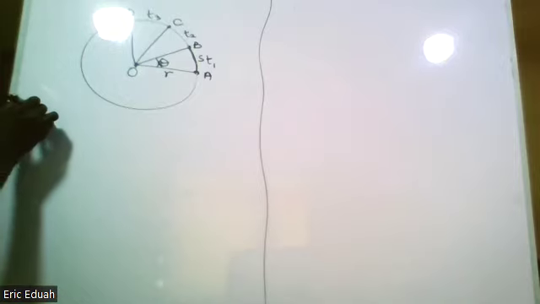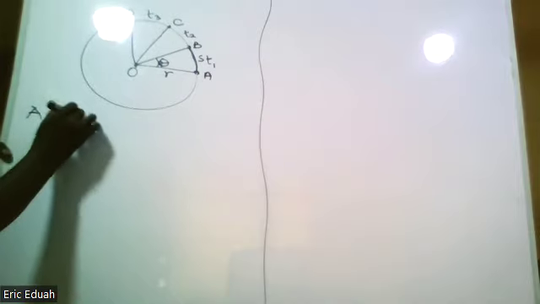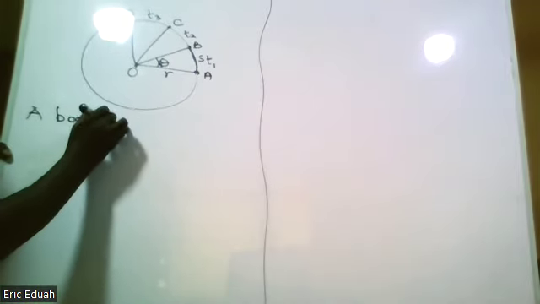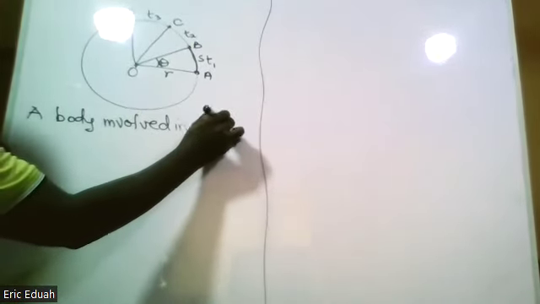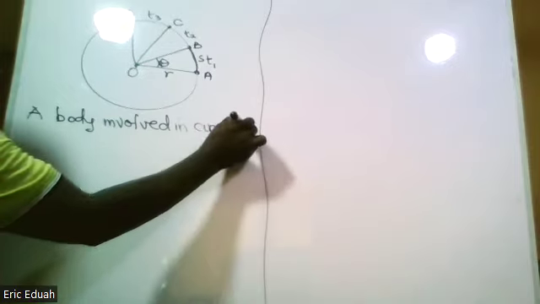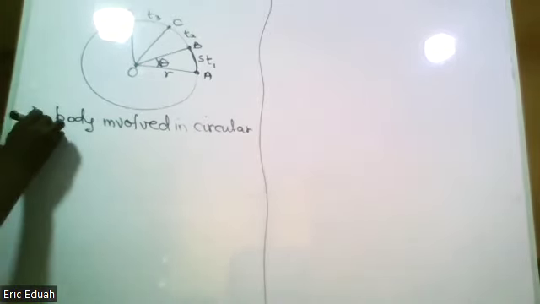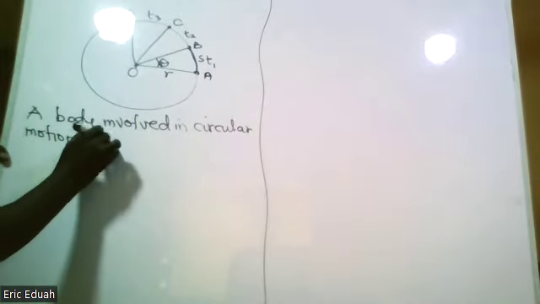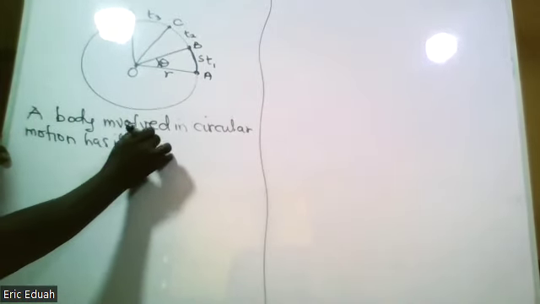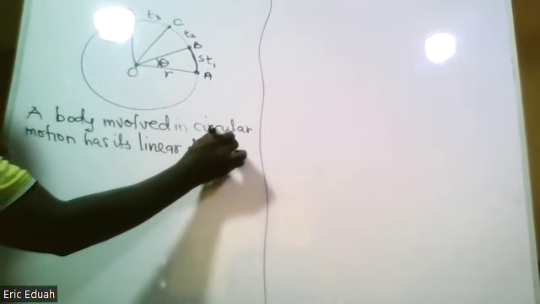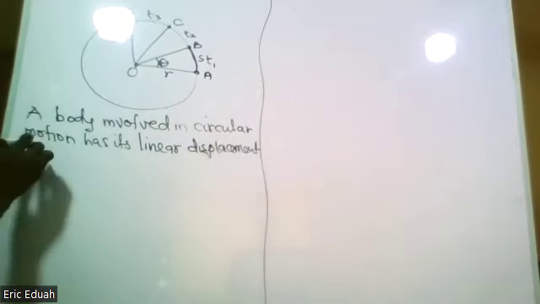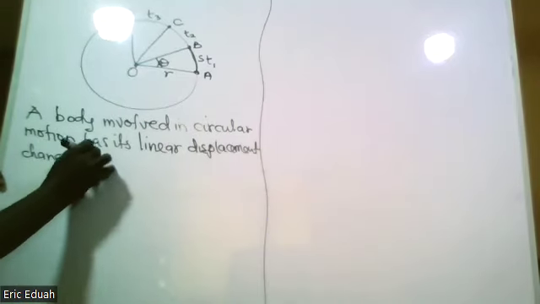So a body involved in circular motion has its linear displacement change with time.